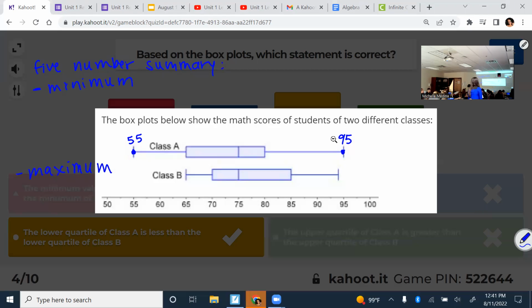What else can you tell from looking at a box plot? Yeah? The lines usually where they meet are usually median. Good. The middle line of your box is your median. What does median mean? The middle of your data set.